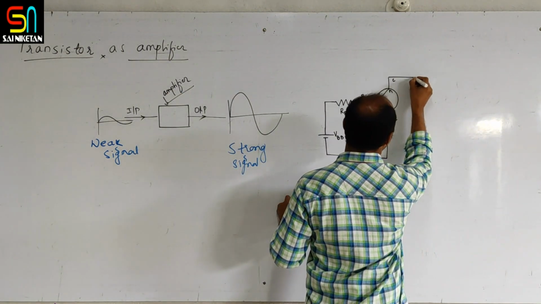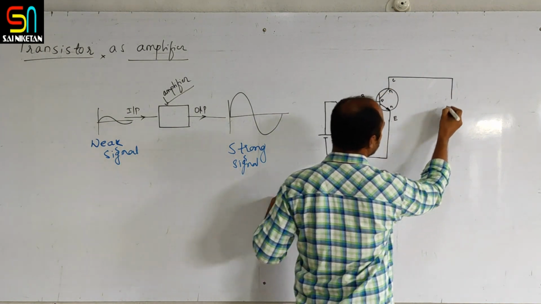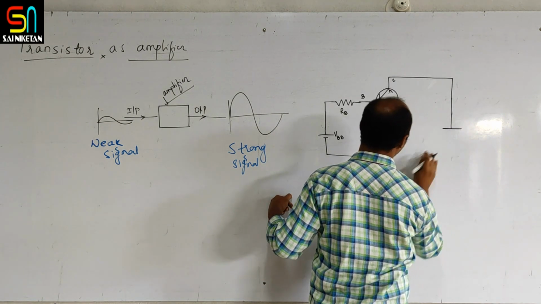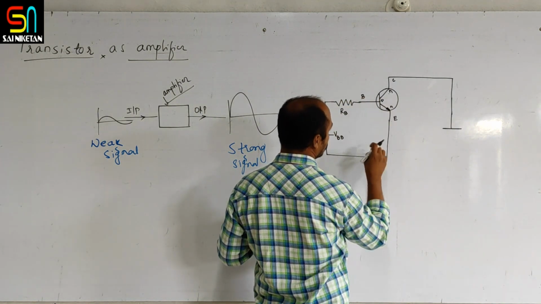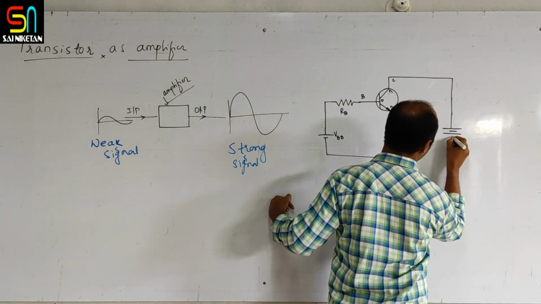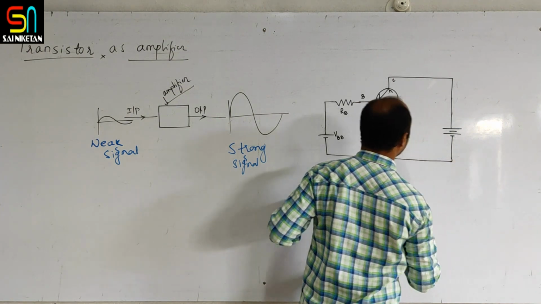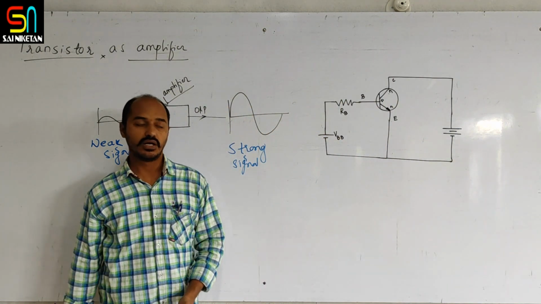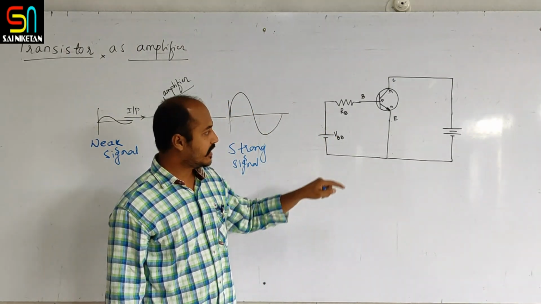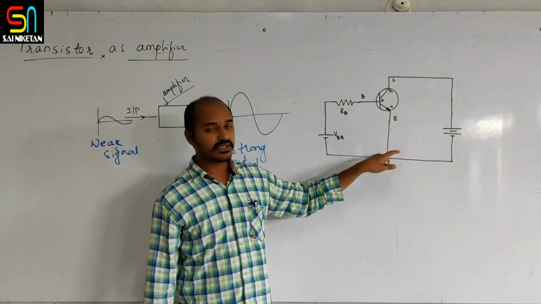Reverse bias means the N-type semiconductor must be connected with the positive terminal of the battery, and the emitter is connected to the negative terminal of the battery. So this is the output side, and this is the input, and this circuit is in common emitter configuration.